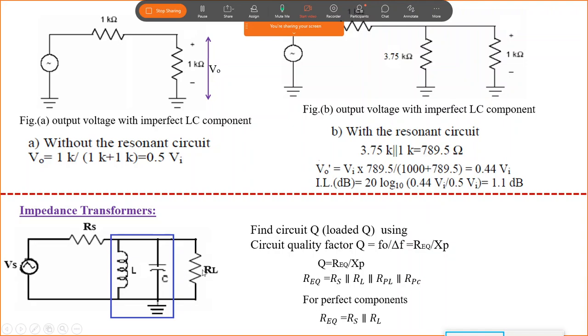If Rs or RL is less, then the quality factor is lesser. Even a very good resonator circuit without losses, because of this Rs and RL, the quality factor of the circuit reduces. If the quality factor reduces, its bandwidth increases.